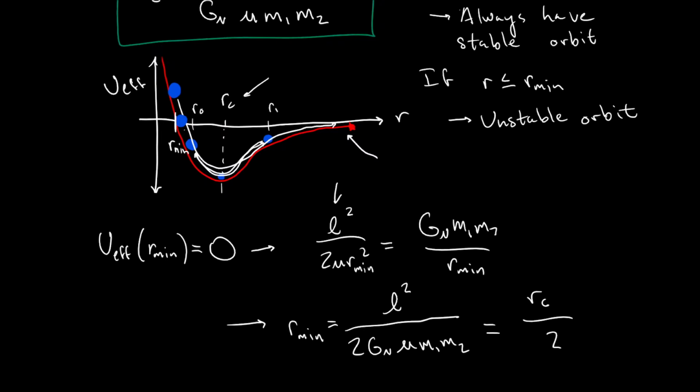If they're point particles, and that seems to be what you're saying. Yeah, if the objects are large enough, then they'll collide that way. Or if they have no angular momentum. You can see that if L squared is 0, then our effective potential energy just looks like this, and things will come down, down, and just keep evolving all the way down to 0 radius.